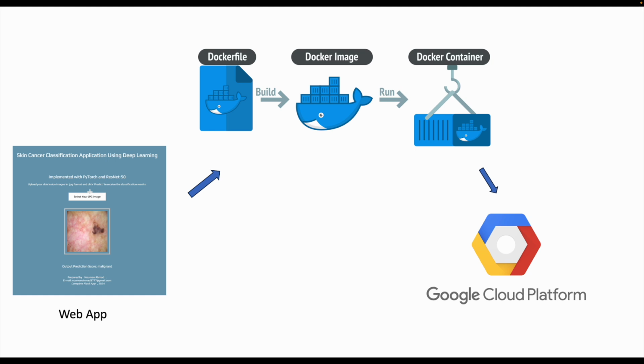Once we trained the model and created the app locally, we created a Docker image and then the Docker container of that app, and we are now going to deploy this container of that app to Google Cloud platform.